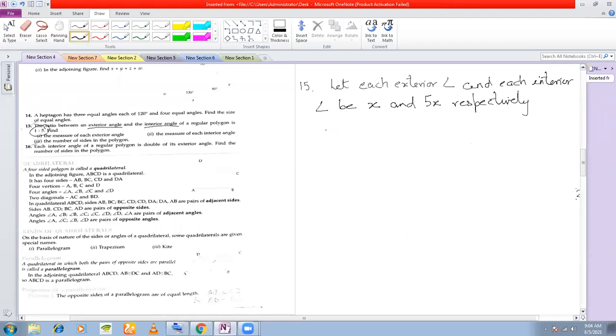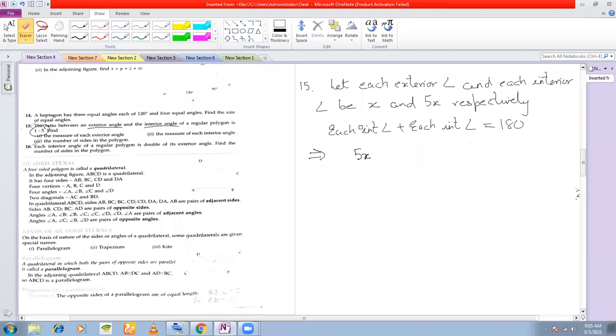So what do you know from formula number 3? Each exterior angle plus each interior angle, yes, the sum of these two must be equal to 180 degrees. What are the values? Interior angle is 5x.